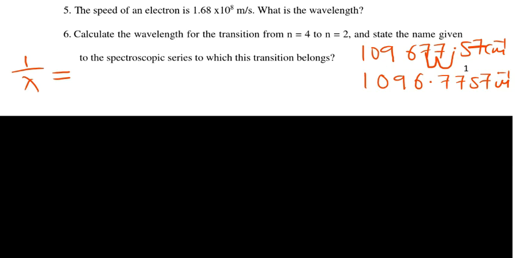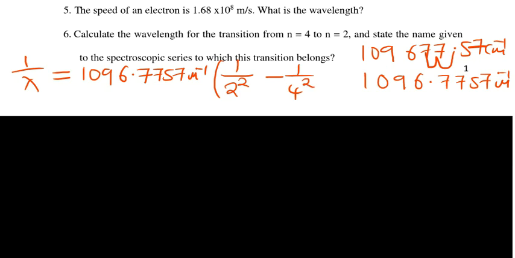So Rydberg's constant, 1096.7757 meters negative 1, and then you can open the brackets, 1 over the final, in this case 2, so 2 squared, minus the initial, which was 4, so 4 squared.